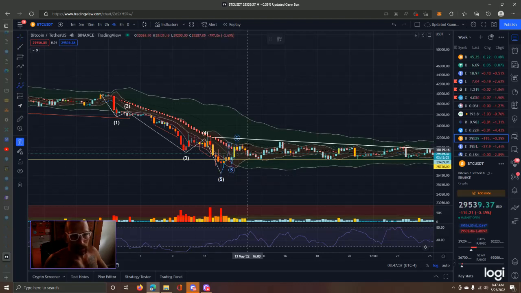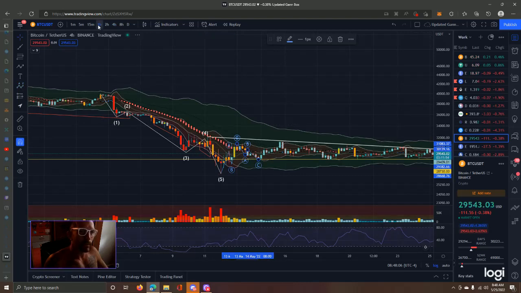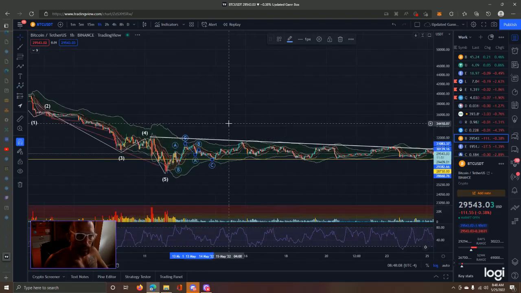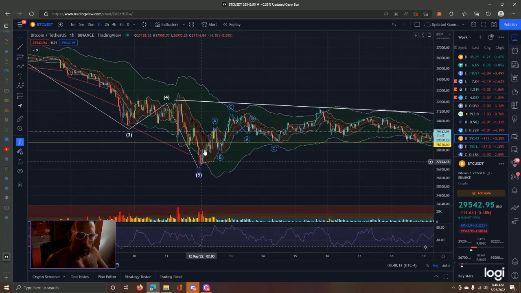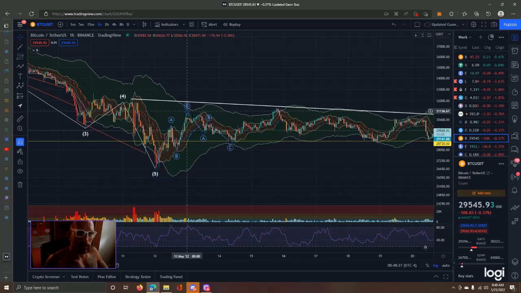That's usually followed by an ABC where you have a lower, and this would look better for sure on the hourly so that you could really see what's going on here. So 1, 2, 3, 1, 2, 3, or it could be 1, 2, 3. It's somewhere in there. That even could be a wedge. Bull flag pennant there, but 1, 2, 3, 1, 2, 3.